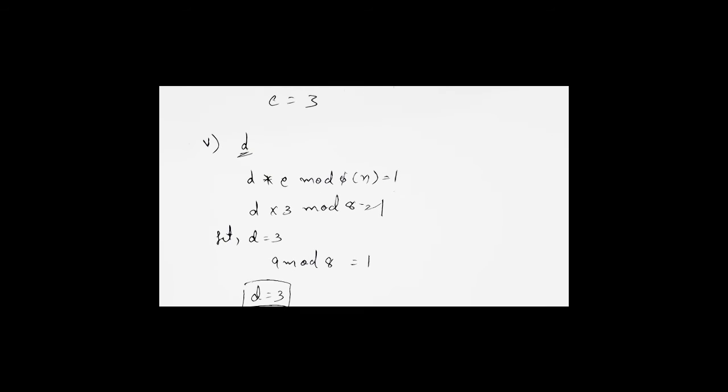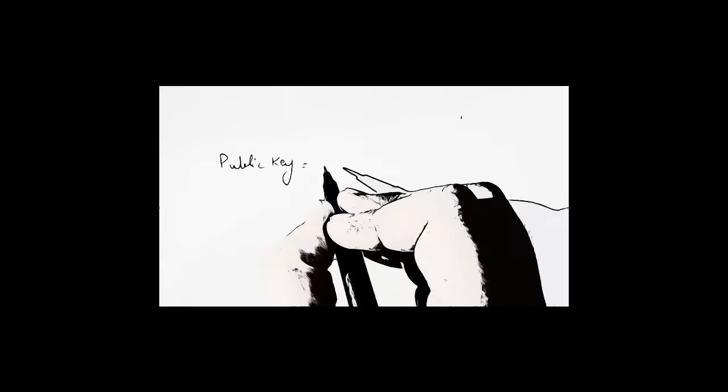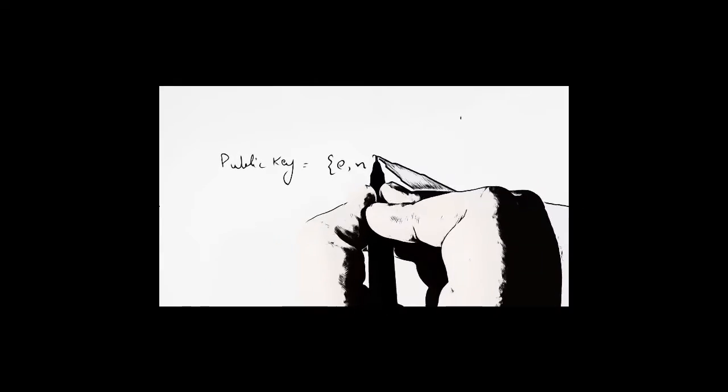So let us see what is the next step. Let us first write down the public key which we have calculated, the encryption key. The public key would be E, n, which is 3, 15.